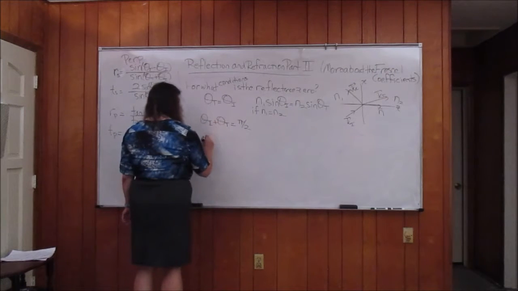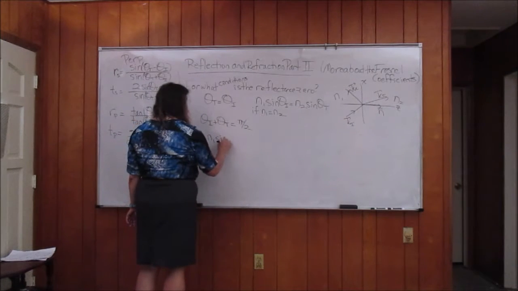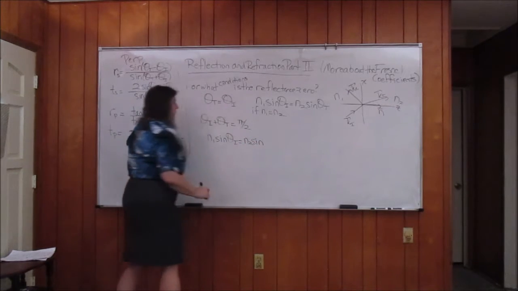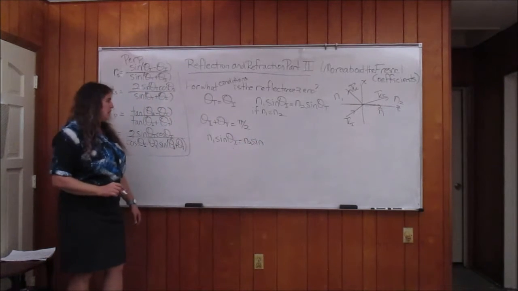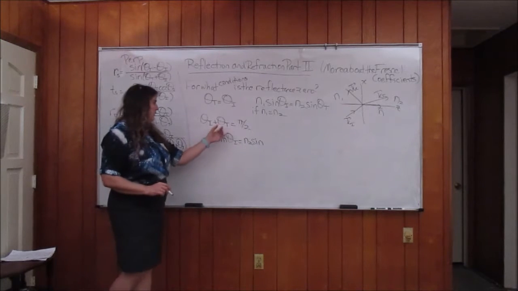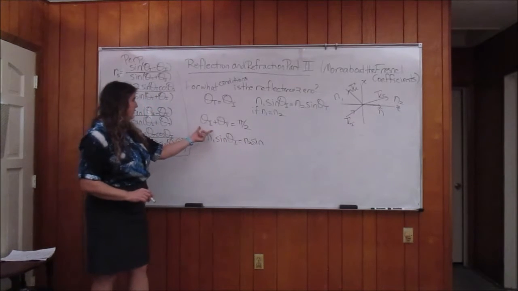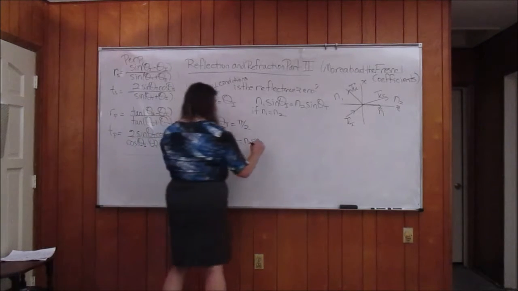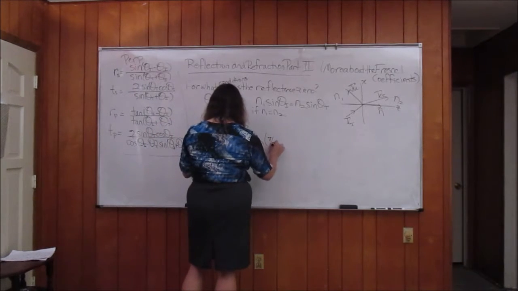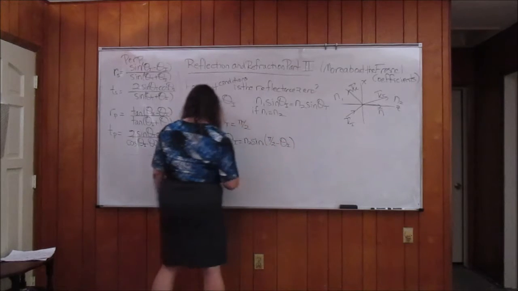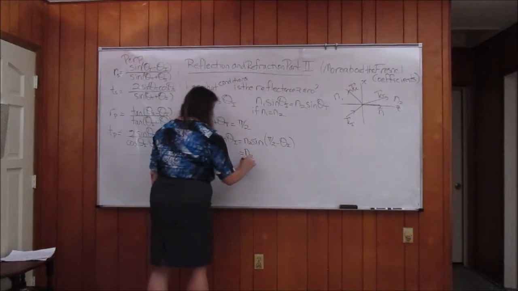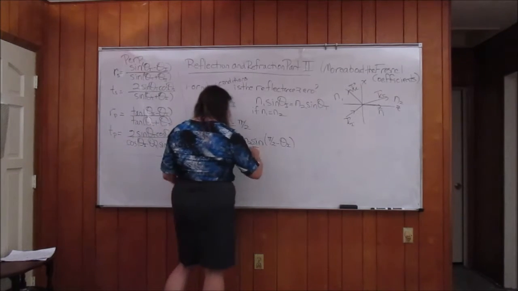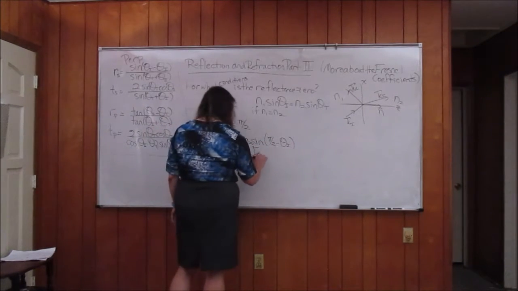So if we substitute, on the left-hand side, I'm going to write this as N1 sine theta I. But on the right-hand side, I want to express that in terms of the angle of incidence. We decided that we have reflectance 0 when the sum of these two angles is equal to pi over 2, so therefore I can write this as N2 sine of pi over 2 minus theta I. And then by using some trigonometric relations, I can write this out in expanded form.